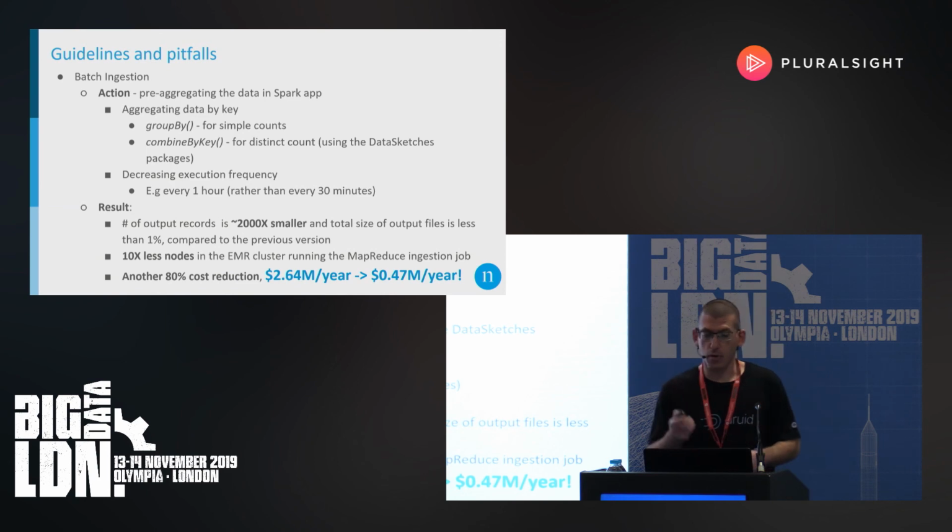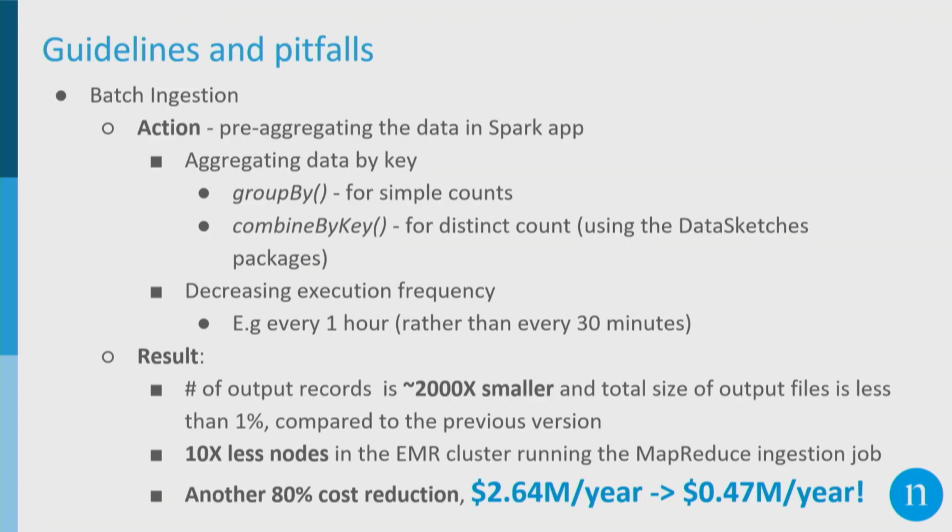And the last part, as for the ingestion process: I mentioned that we have a Spark application reading data from Kafka, and later on writing it to S3 before it's aggregated into Druid. My colleague had a really brilliant idea of pre-aggregating the data as part of the Spark application, because we already had the data in there.